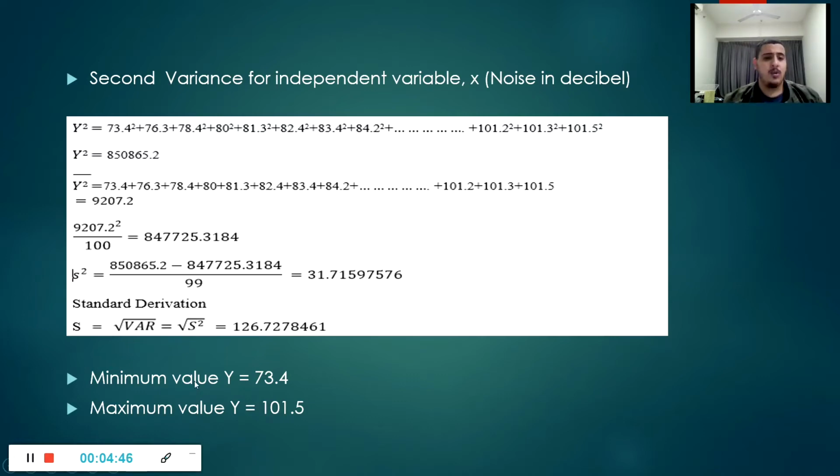For the minimum value, the lowest value of the dependent variable is 73.4, and the maximum value is the highest value of the dependent variable, which is 101.5. Thank you so much.